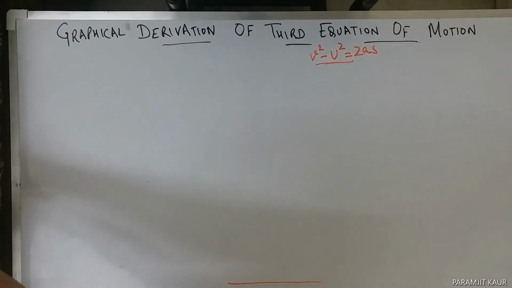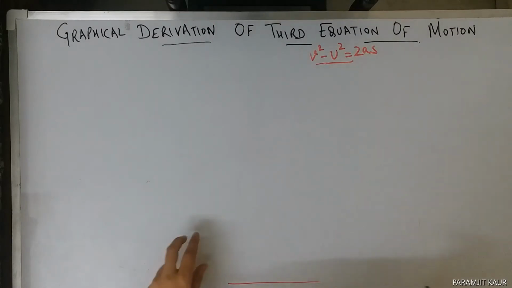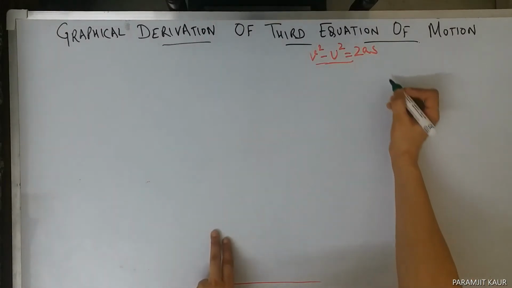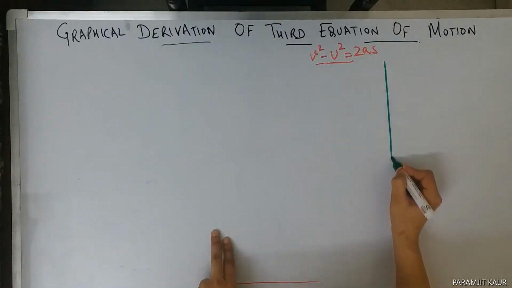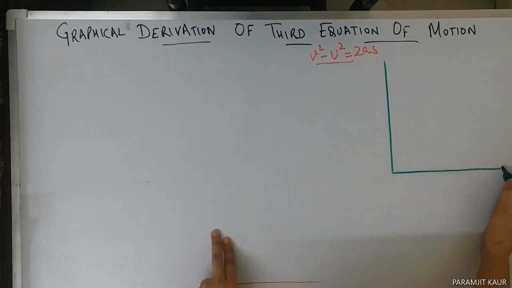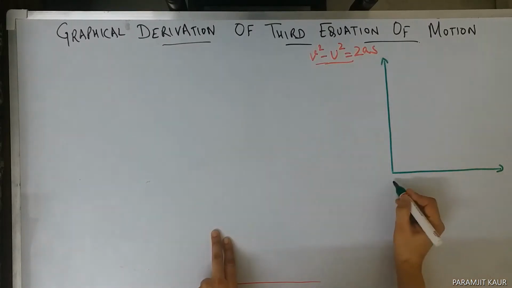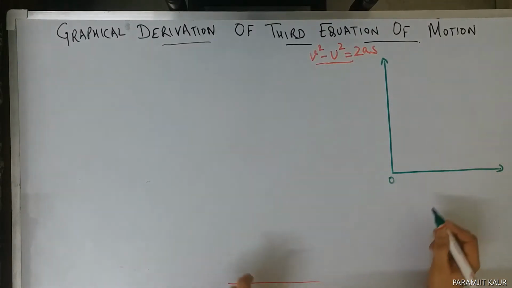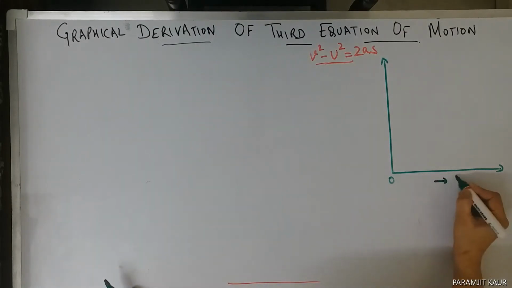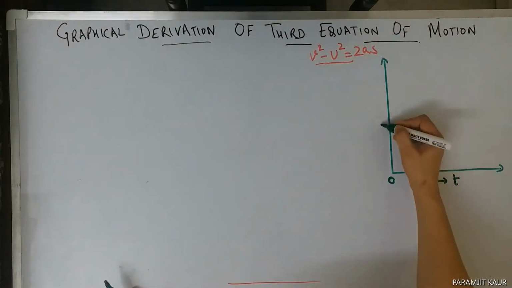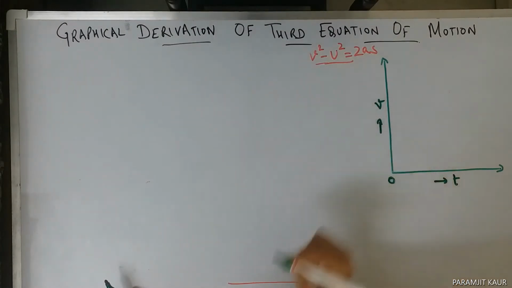Since it is a graphical derivation, we need a graph for this. So let us consider a velocity time graph. This is my origin, right? On this axis, I'll take T, and on this axis is velocity.